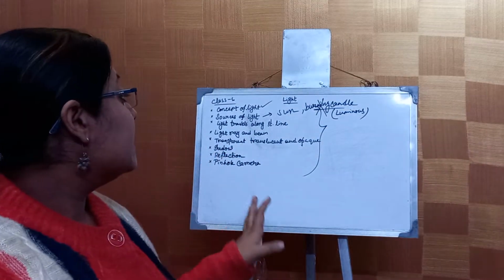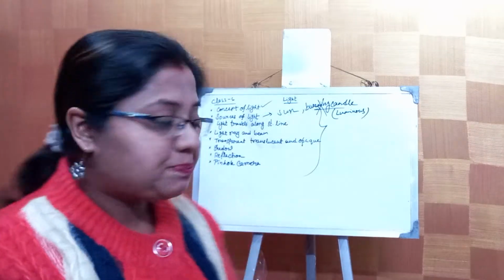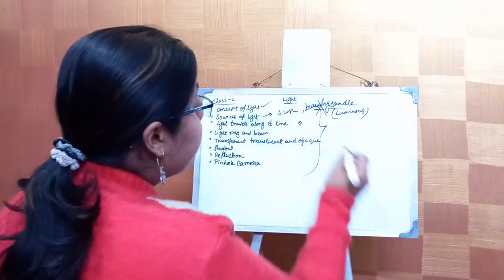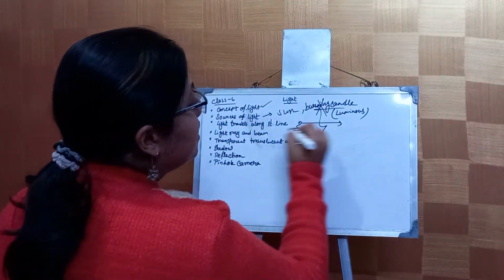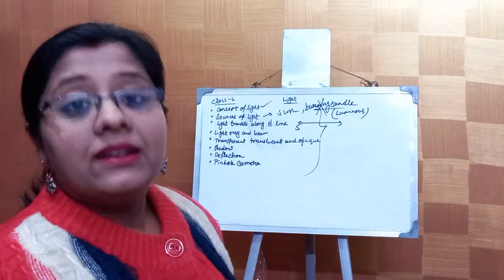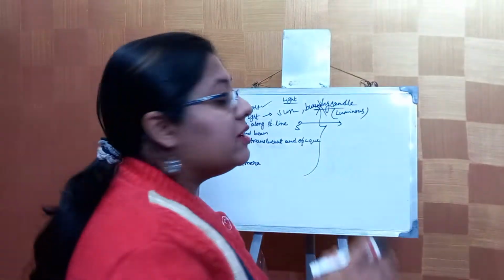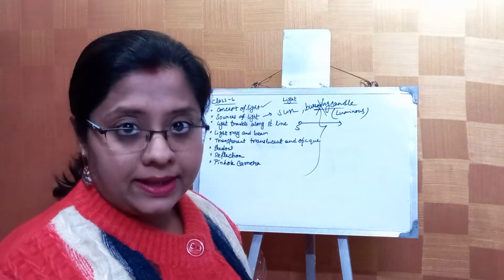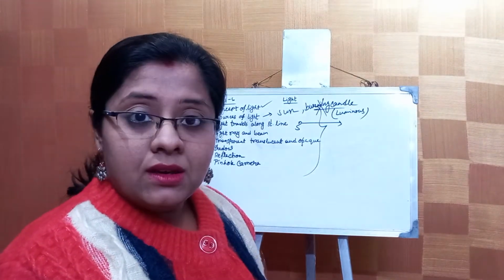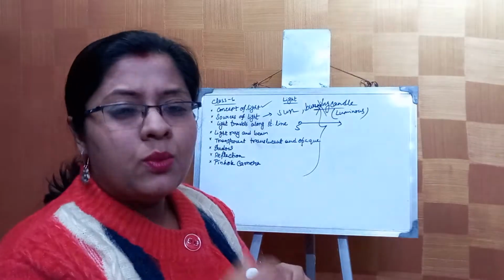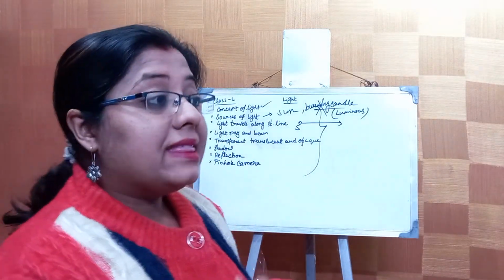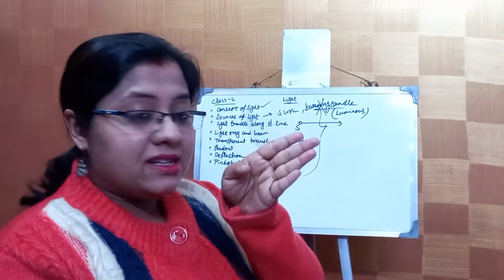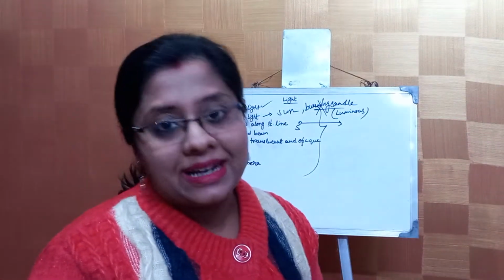Now the next topic is light travels along straight line. So suppose here I have the source of light and from the source directly in the straight line, straight way the light can travel. Light never can travel along any curved line. If you see inside a box, one small hole is there and in front of the hole, if you lit a torch, you can see the light directly, it goes through a straight line.